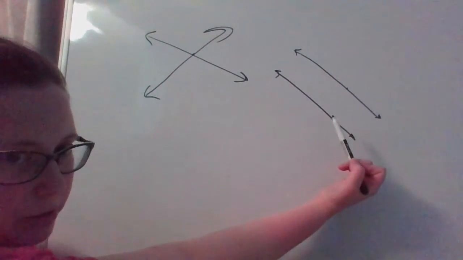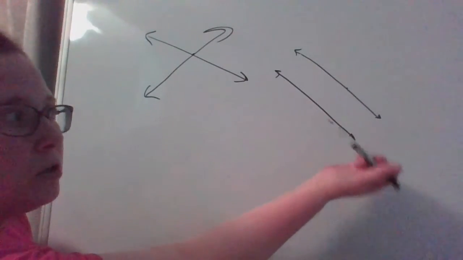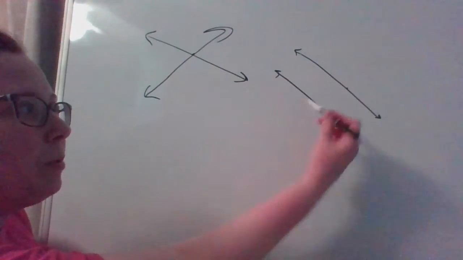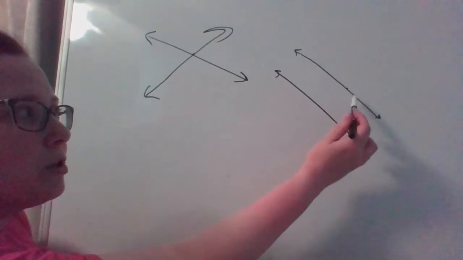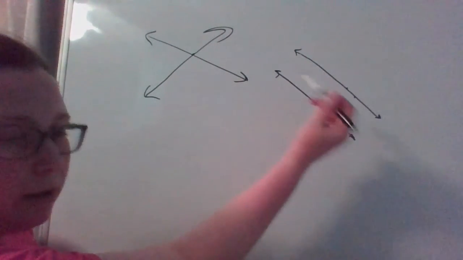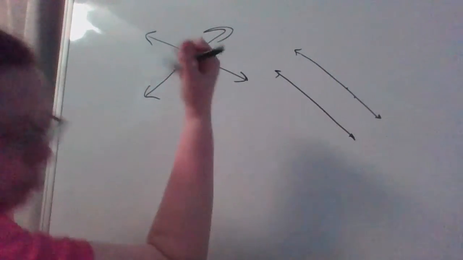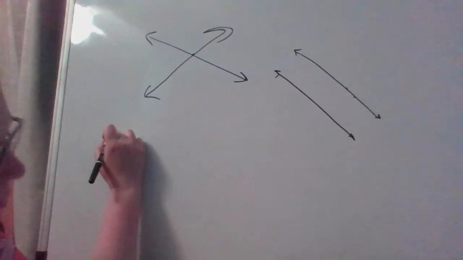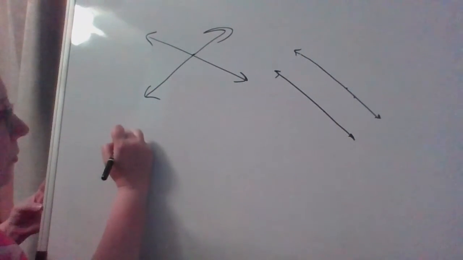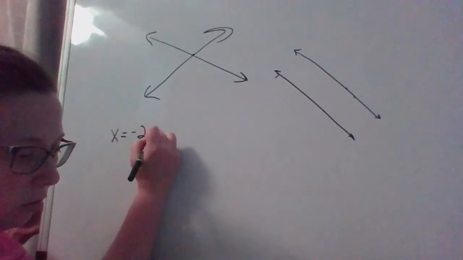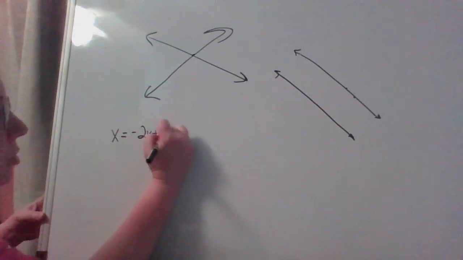Because of that, there's no solution to that system. There's no specific ordered pair that I can put into this equation and this equation that would work because they never overlap. So problem 4 here is about figuring out if it is no solution or an infinite number of solutions.